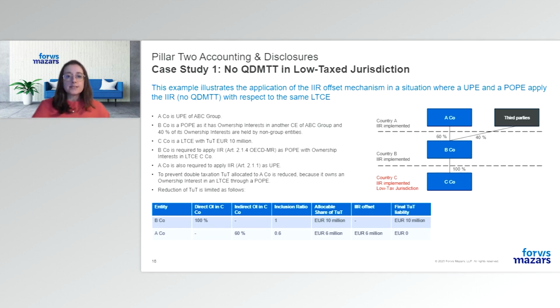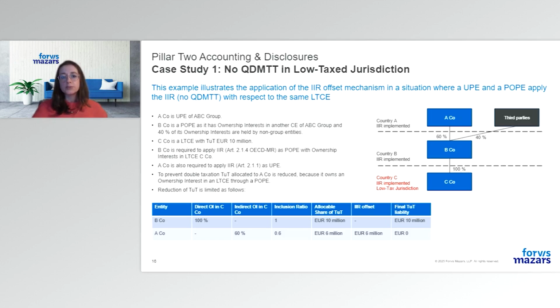So you can see in the table below, we have an inclusion ratio of 1, so 100% for BCO, and 0.60, or 60%, for ACO in CCO, which leads to an allocable share of top-up tax of 10 million to BCO and 6 million to ACO.